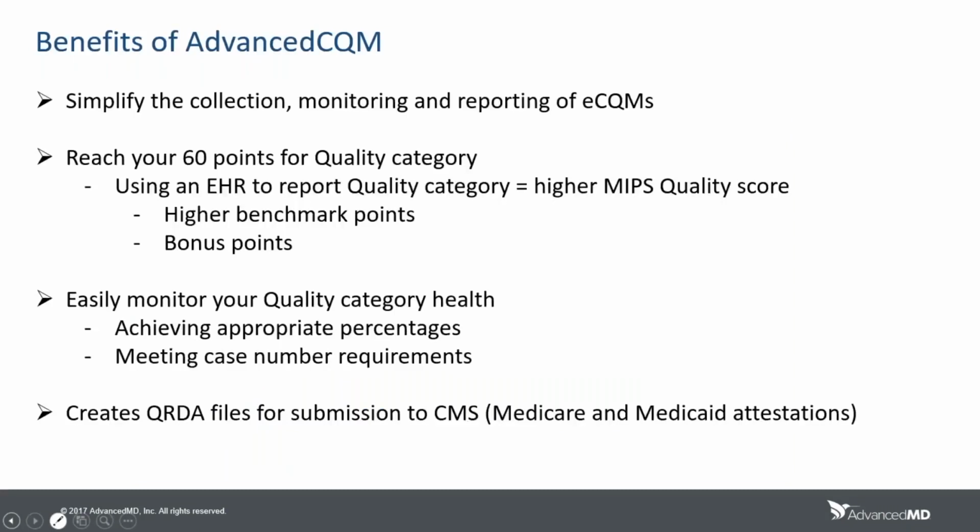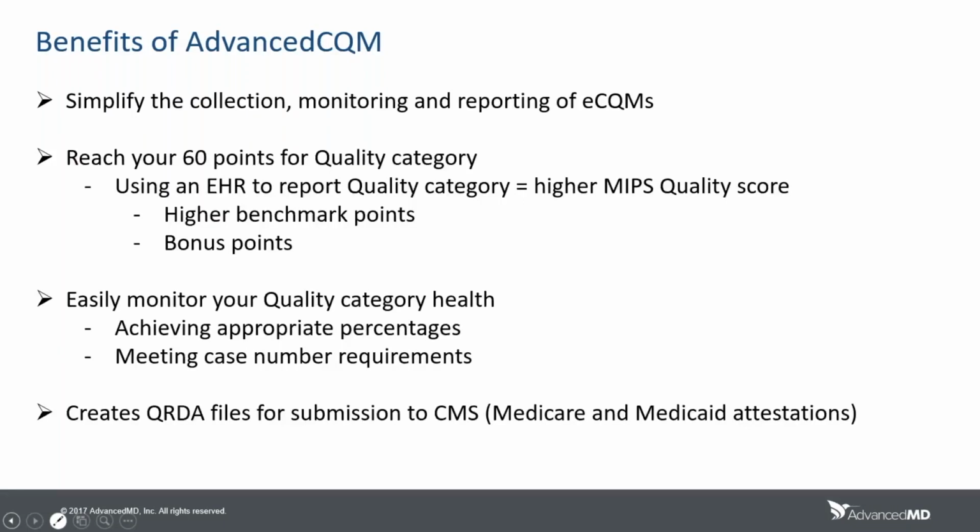Great, thanks Angela. So just as a recap from this webinar, what are the benefits of AdvancedCQM? From what we've learned today about the quality category scoring and benchmarks, AdvancedCQM provides many benefits. It simplifies the collection, monitoring, and reporting using an EHR.